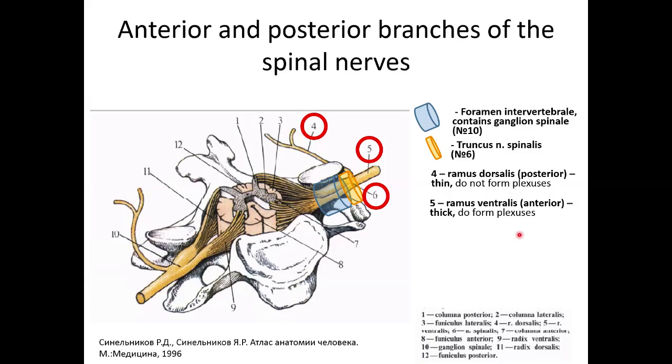And we know cervical plexus, brachial plexus, lumbar plexus, and sacrococcygeal plexus. So there are 4 plexuses, and each of them is formed by the ramus ventralis of spinal nerve.